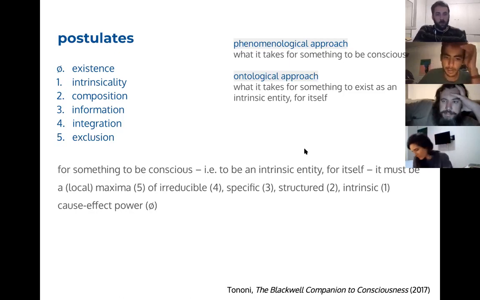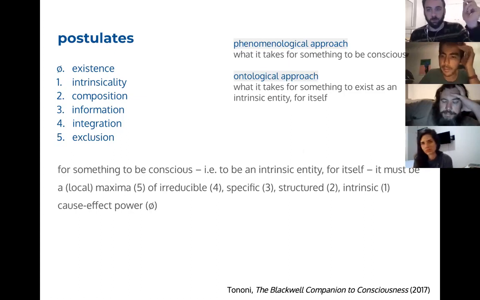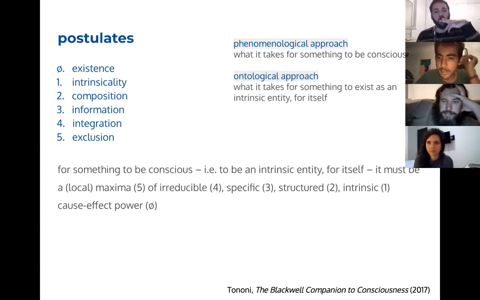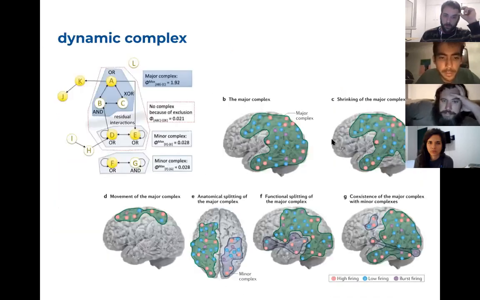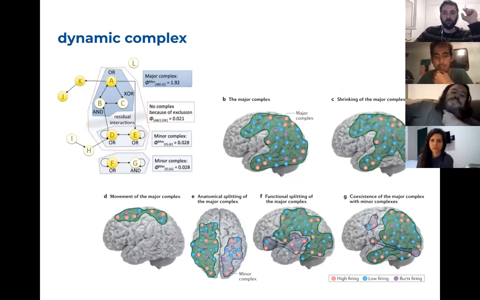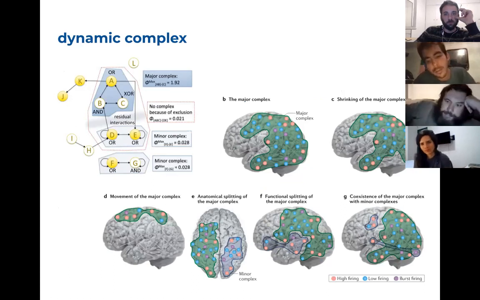So yeah, can we revisit the exclusion postulate again? It seems to me that in that previous picture where we have the different complexes, this one, yeah, exactly. So are we saying here that using this phi, right? Or is it omega? I don't know. Yeah.